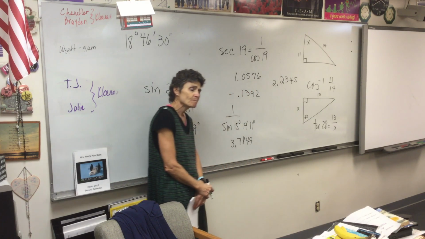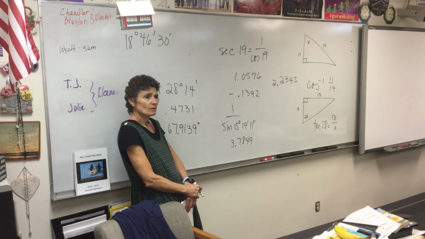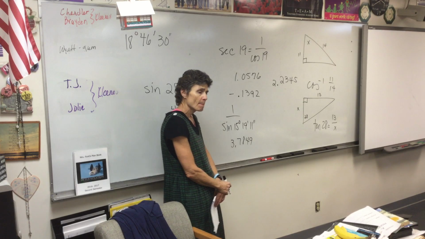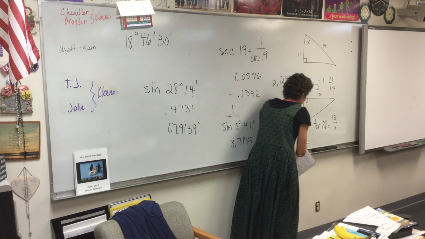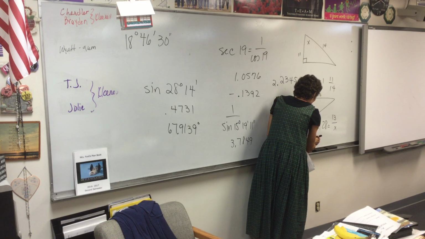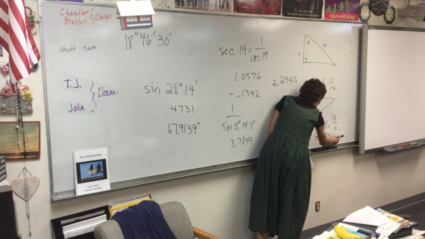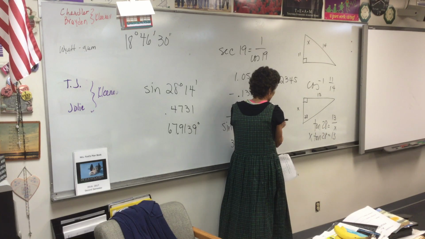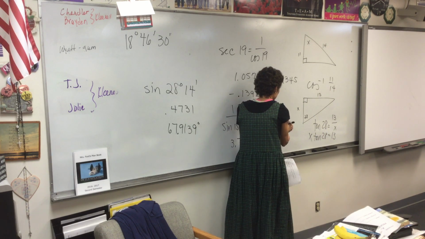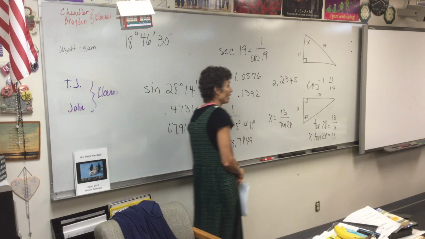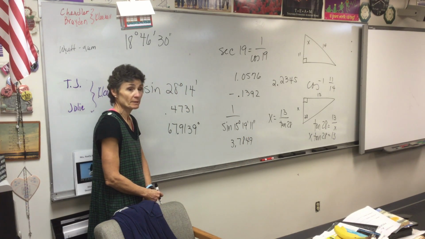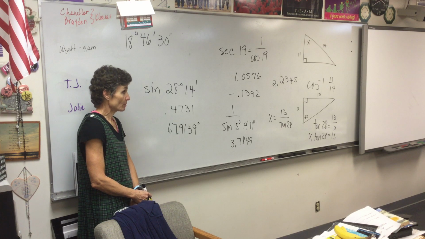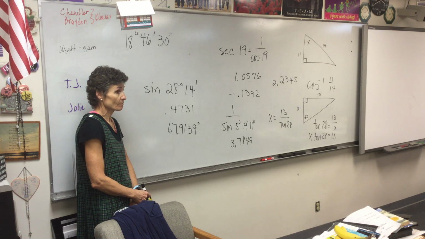Opposite over adjacent. Now, how do I solve something like that? I'm going to bring the x over here, 13 times... and then divide. So x equals 13 over tan 28. What's that one? 24.4 or something? Everybody okay with that?